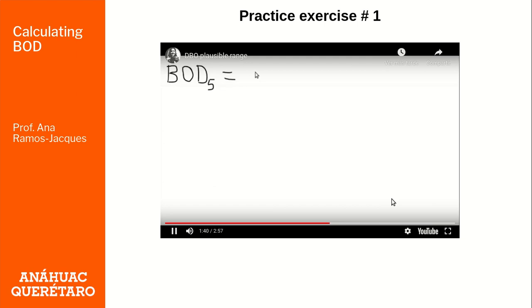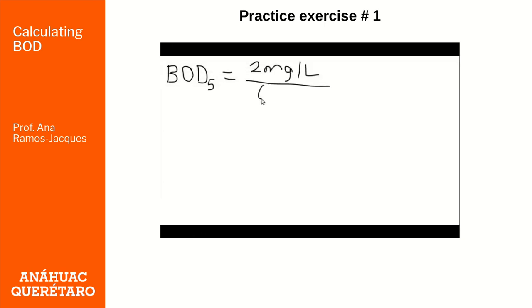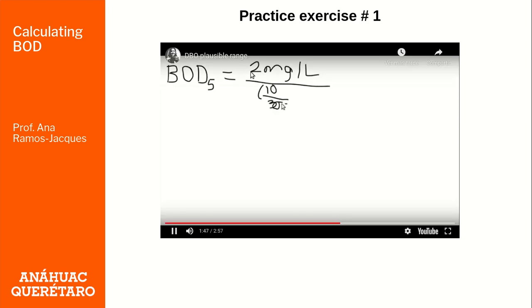Then first we are going to calculate the minimal BOD, using the desired decrease in the DO, 2 milligrams per liter, divided by the fraction 10 over 300 milliliters.